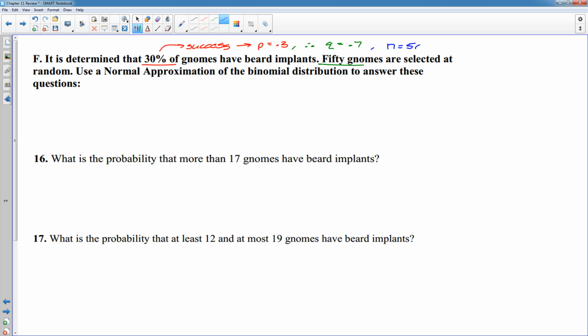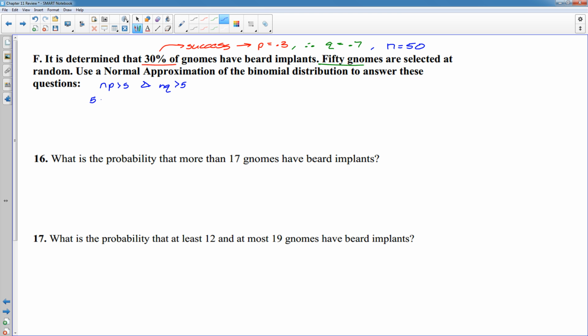Now remember that if you have a binomial distribution type situation, you can only do a normal approximation if NP is greater than 5 and NQ is greater than 5. So the first thing I'm going to do is find what N times P is.